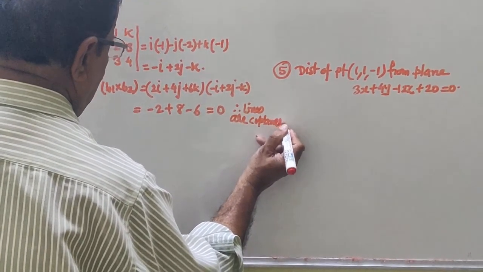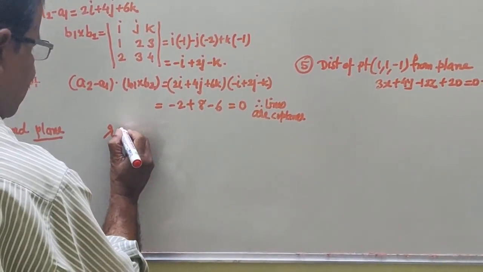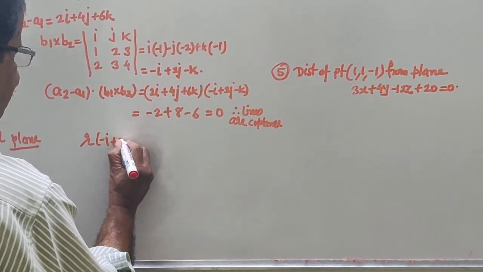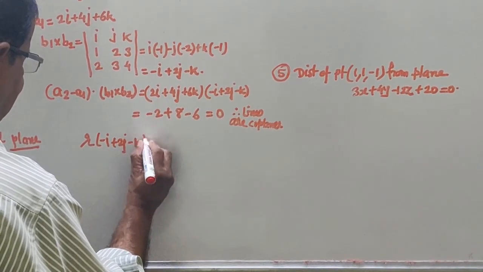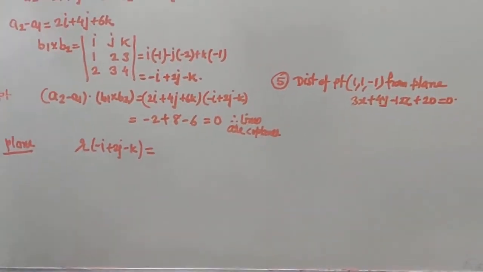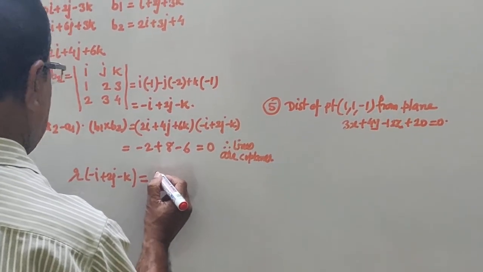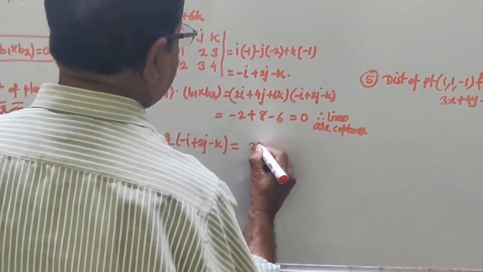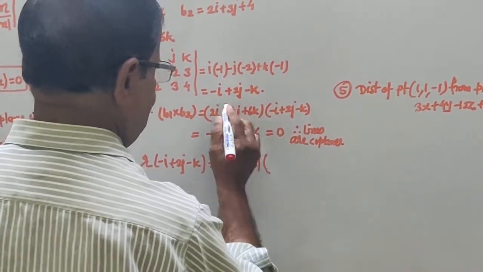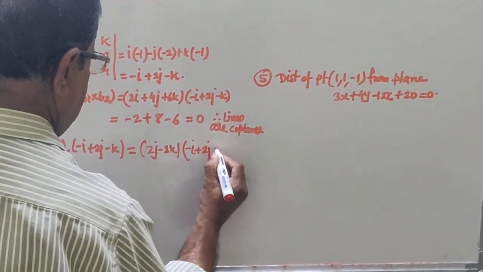Now what is the vector equation? It is r dot b1 cross b2. What is b1 cross b2? It is minus i plus 2j minus k. So a1 dot b1 cross b2, where a1 is 2j minus 3k, into minus i plus 2j minus k.